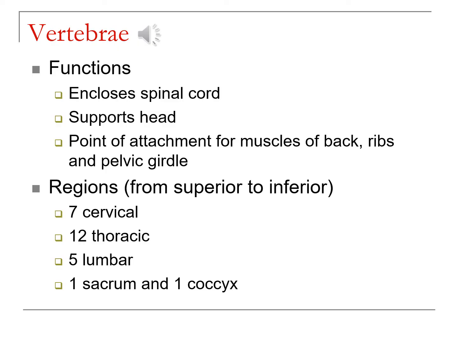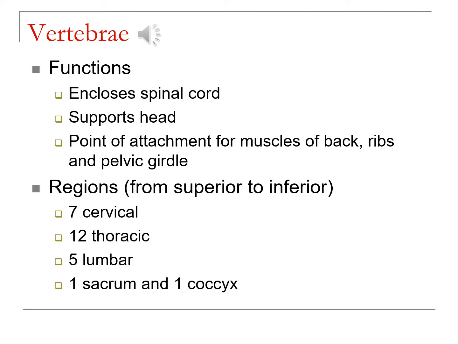The vertebrae is made up of 33 different bones. We have 7 cervical vertebrae, 12 thoracic vertebrae, 5 lumbar, 1 sacrum, and 1 coccyx. So why 33?